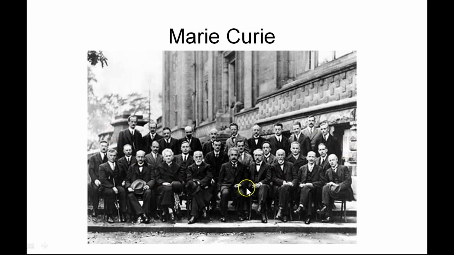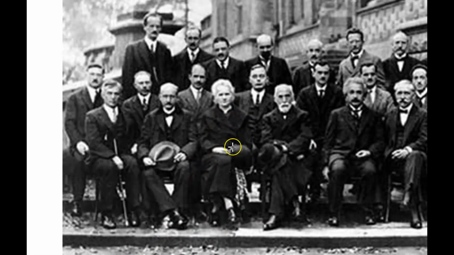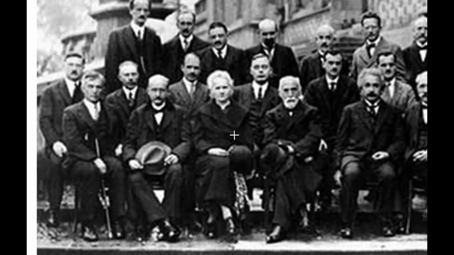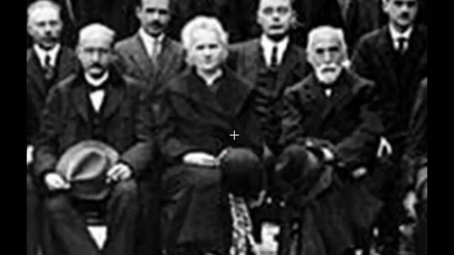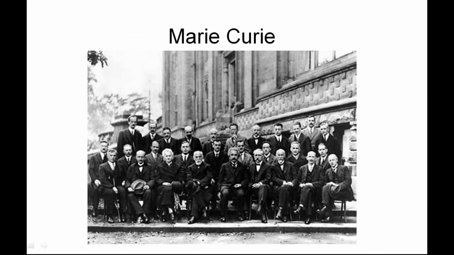If you look at the composition of this group, the scientists are males, with one exception: there is Marie Curie over here, the only female. She's Marie Curie, this lady, Madame Curie, the first female scientist who received a Nobel Prize in physics. So absolutely outstanding person, and everybody should know about Marie Curie.